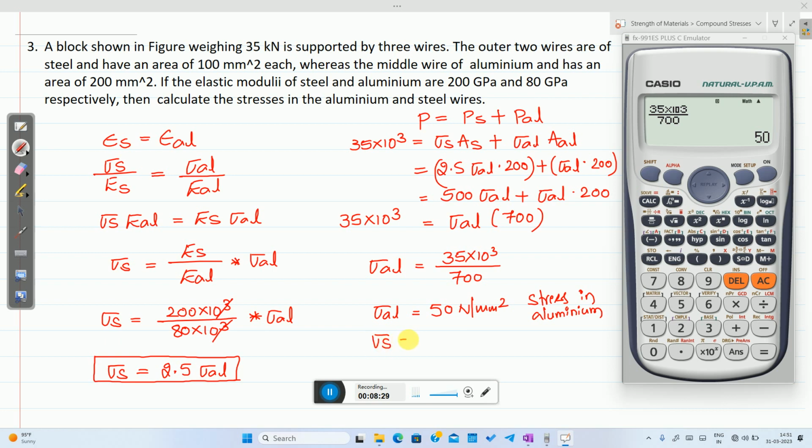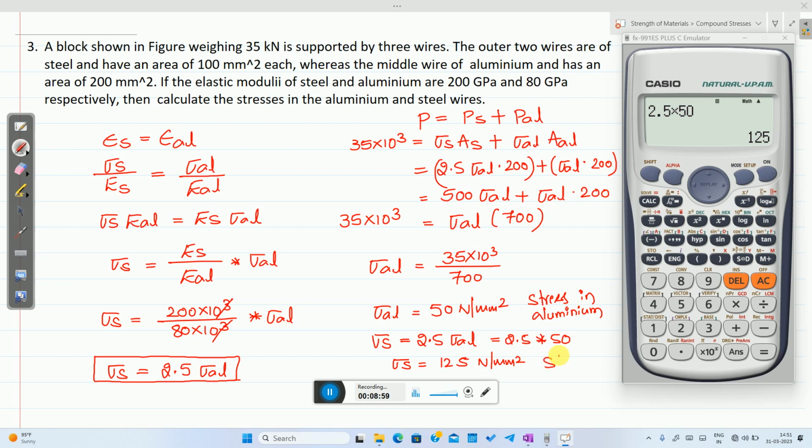Now you can easily calculate the stress in steel because you already know the equation. So stress in steel sigma S equals 2.5 into sigma AL, so 2.5 into 50. So it is 125. So sigma S is 125 Newton per mm square.